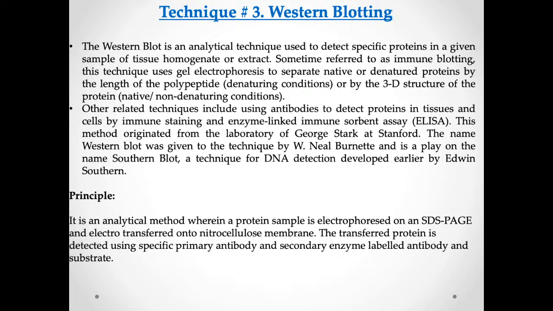It was discovered in the laboratory of George Stark at Stanford, and the technique was named by W. Neal Burnette, his name following Southern blotting. The principle is that the protein samples are electrophoresed on SDS-PAGE and electrotransferred onto the nitrocellulose membrane, and with the help of primary and secondary antibodies we can detect our protein.